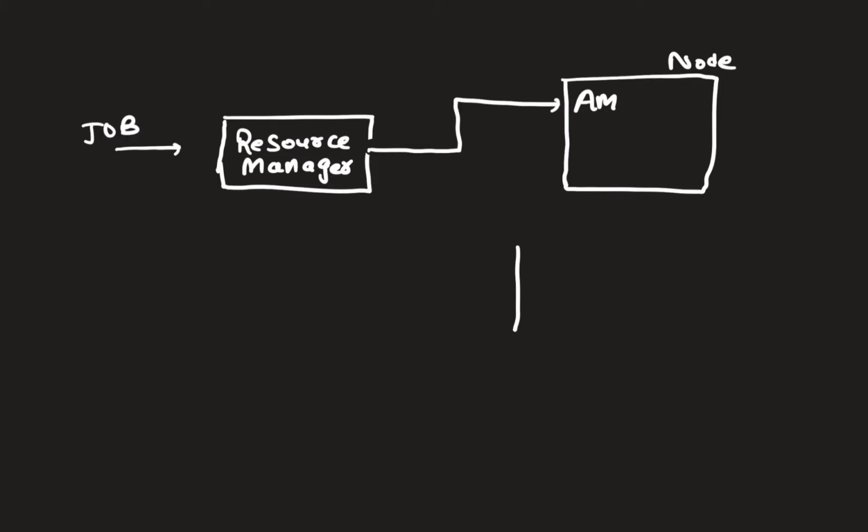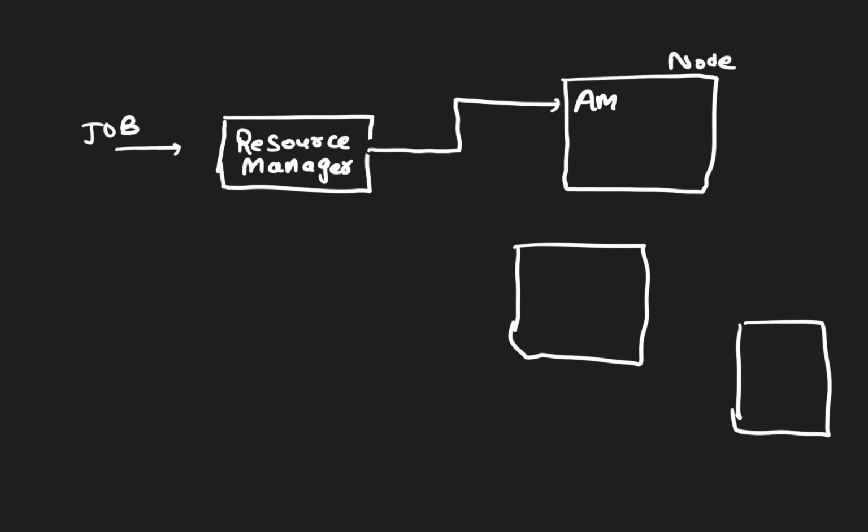Let's say you have multiple nodes in your cluster. So these are multiple nodes in the cluster. Once you submit your job to the resource manager, it will ask for the resources from different nodes. And on one of the nodes, you will get your application master for this particular job.